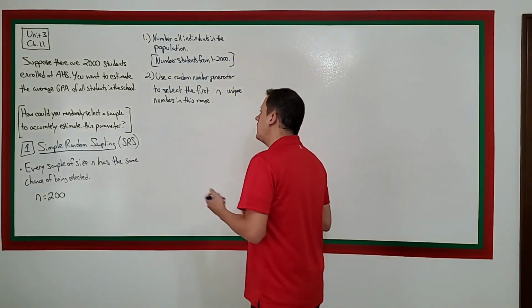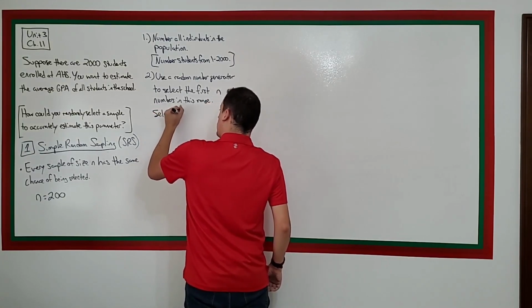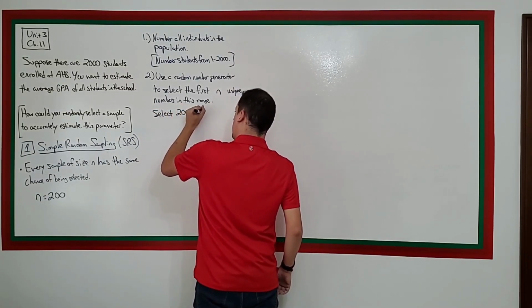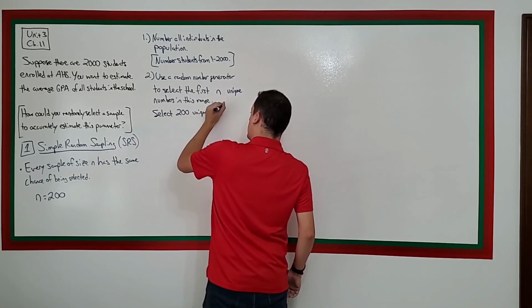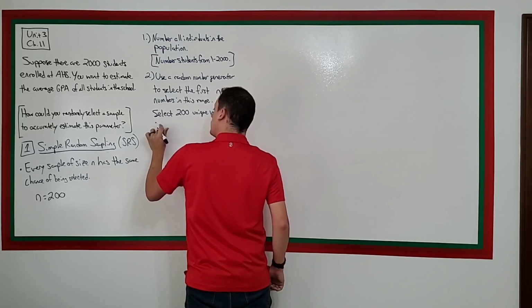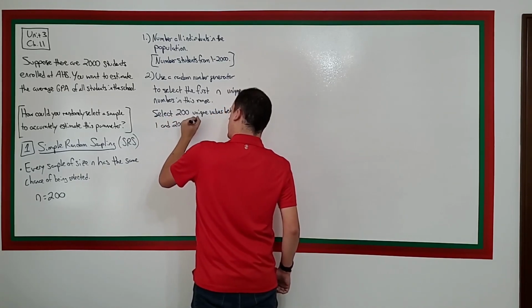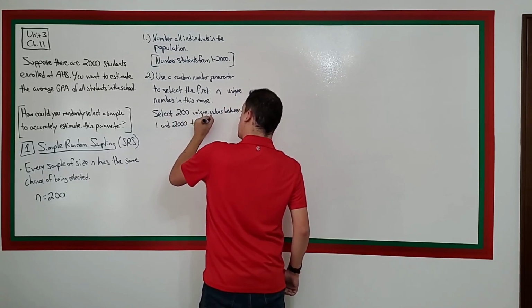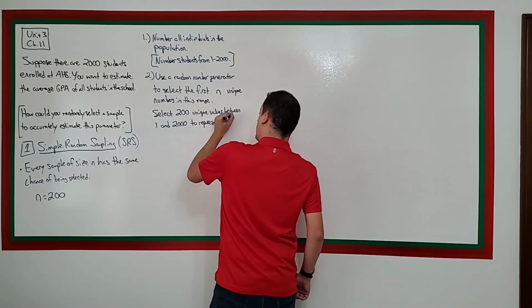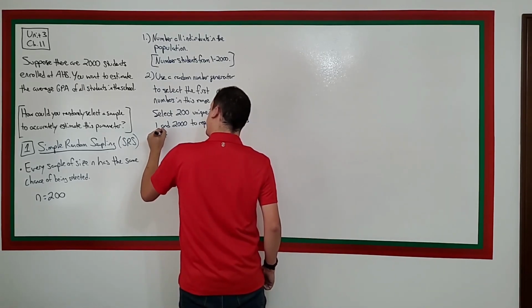So in our example here, we want to select 200 unique values between 1 and 2,000 to represent the students in the sample.